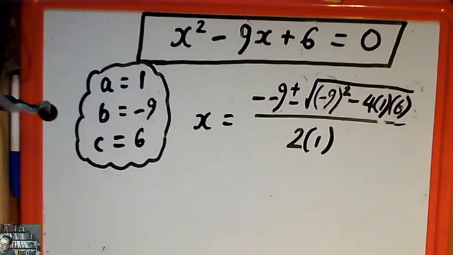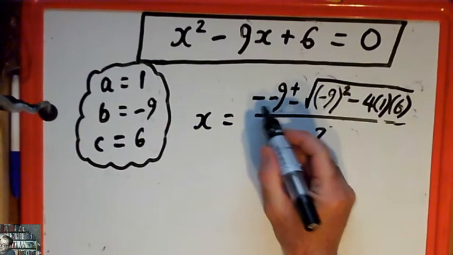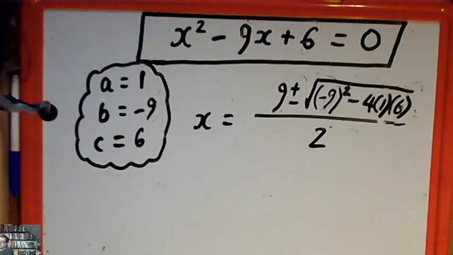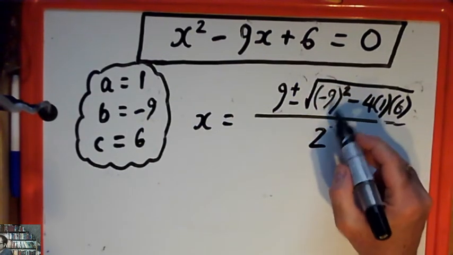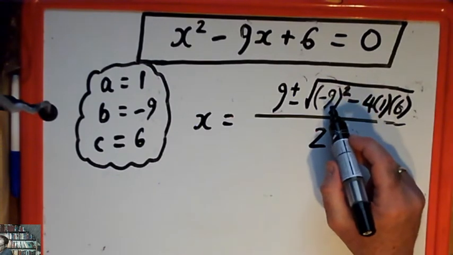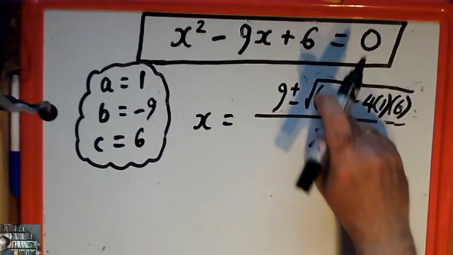2 times 1 on the bottom, that's just 2. Easy. Minus minus 9, well, minus minus makes plus, so they're cancelling each other out. Minus 9 squared. This is where you could lose track of a minus. So minus 9 times minus 9 gives you plus 81.